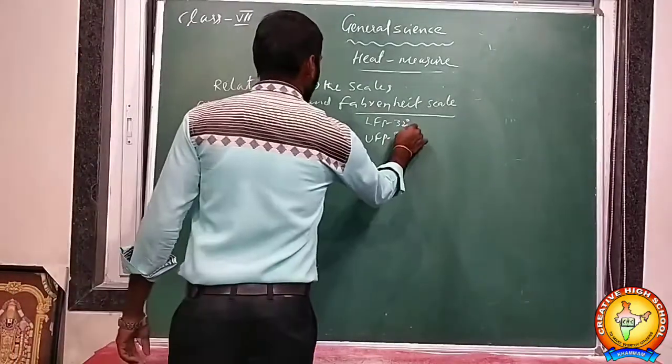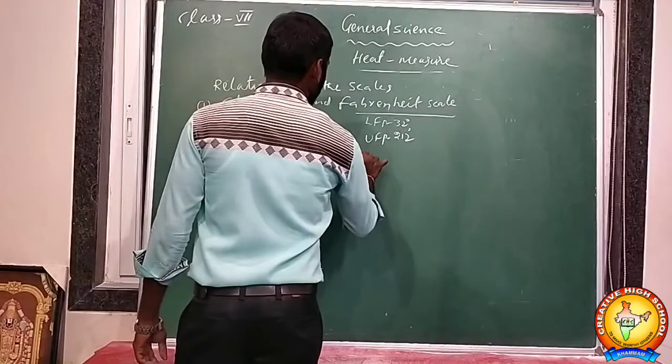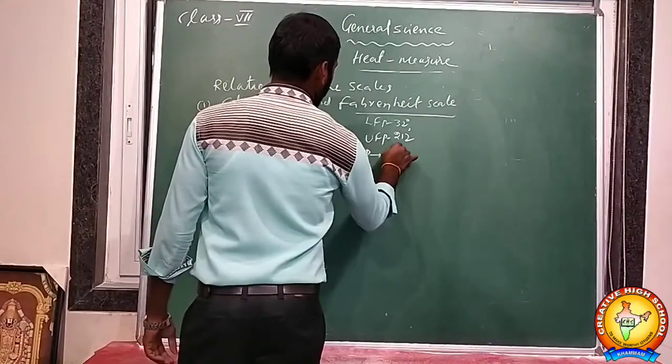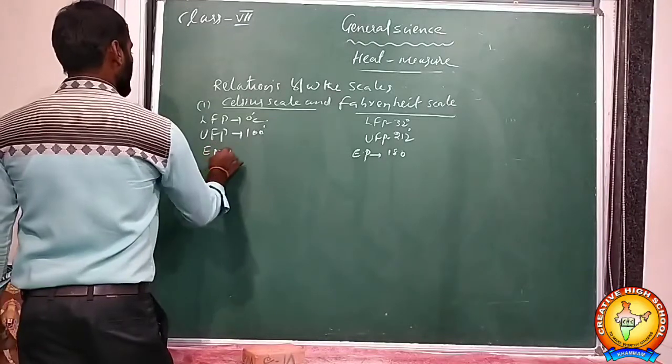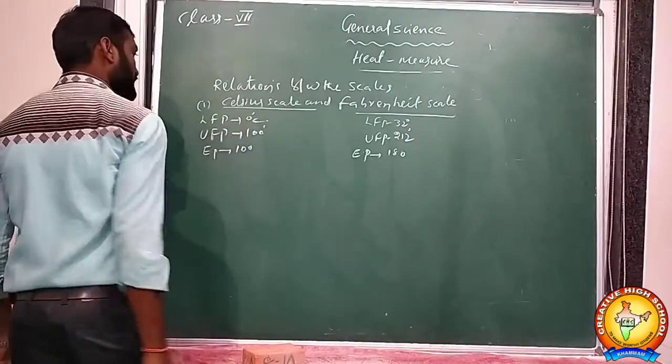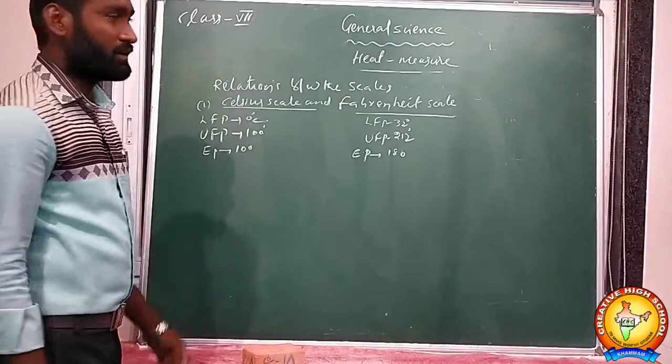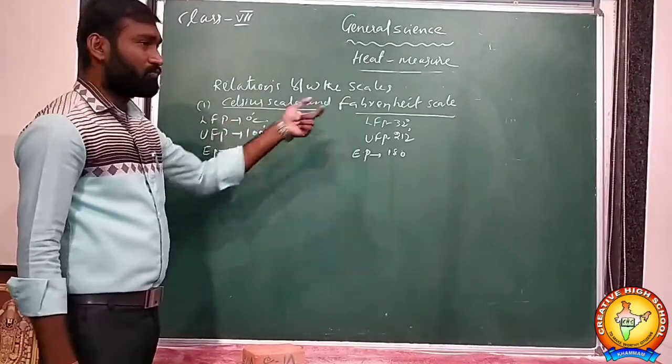So how many equal points are there? In the Fahrenheit scale there are 180 equal points, and in the Celsius scale there are 100 equal points. Now, what is the relation between the Celsius scale and the Fahrenheit scale?